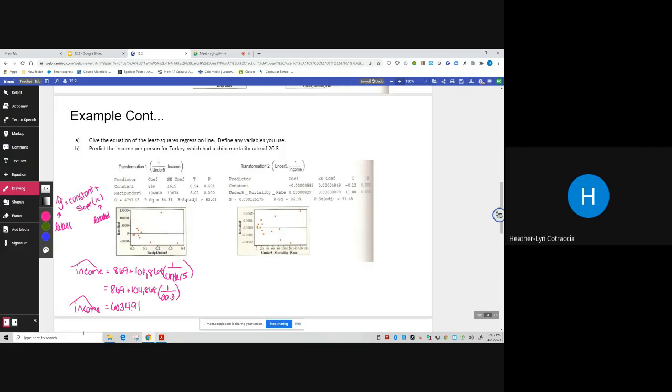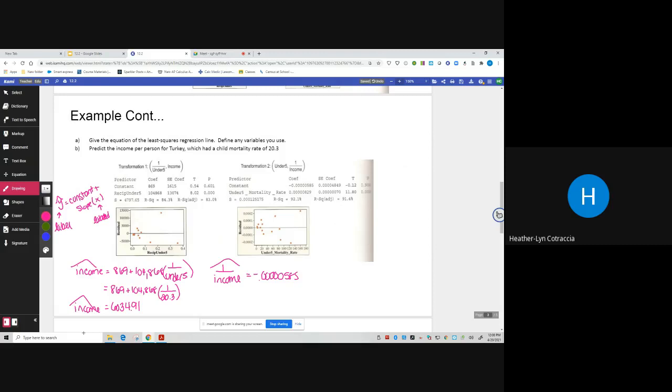Okay, so same thing over here for this one. We have a different equation this time, because this time we're doing 1 over income. So we're going to do the 1 over the income predicted is equal to negative 0.00000585, with 5 zeros.